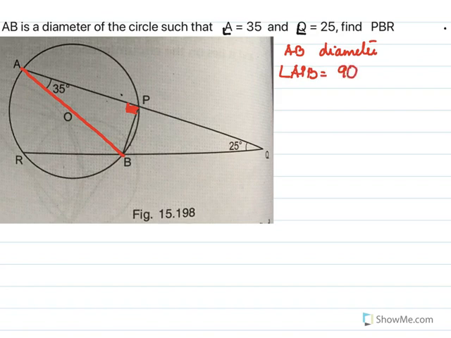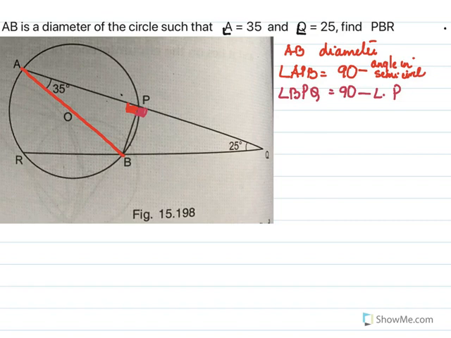If APB equal to 90, on the other side this angle 2 will be 90 because it is a linear pair. Angle BPQ will also be 90 by linear pair. Of course, the reason for this is angle in a semicircle.